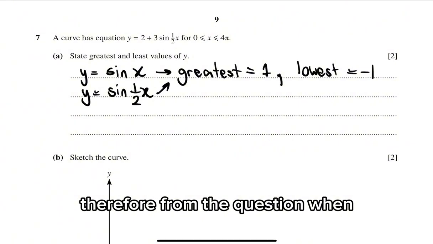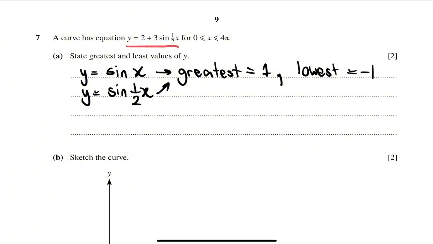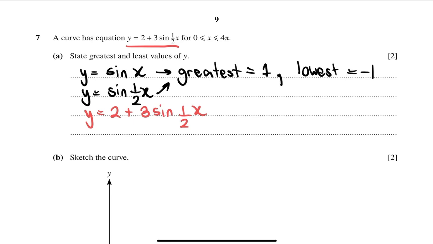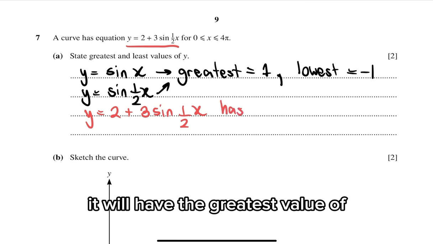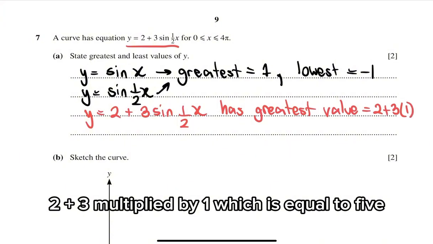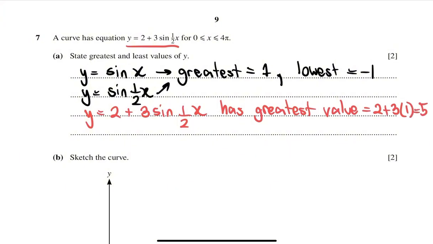Therefore, from the question, when y is equal to 2 plus 3 sine a half x, it will have the greatest value of 2 plus 3 multiplied by 1, which is equal to 5.